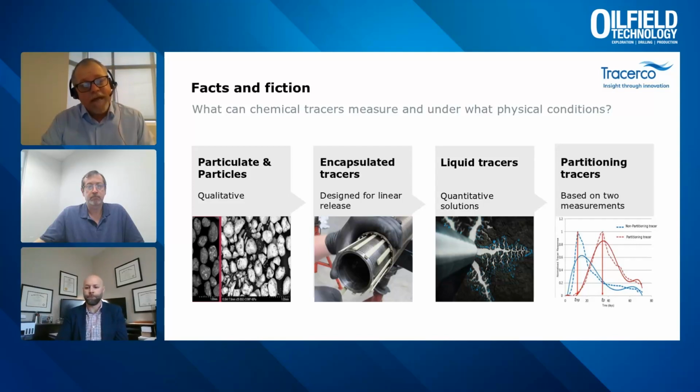And then when tracers are applied to a specific area and location, through transient analysis and peak arrivals, those can be quantified to the specific phase of production over a long period of time.